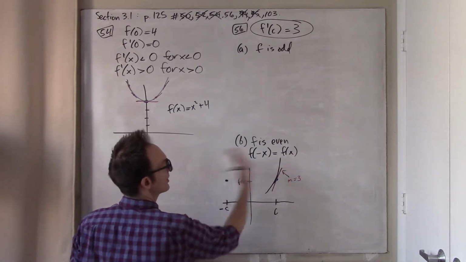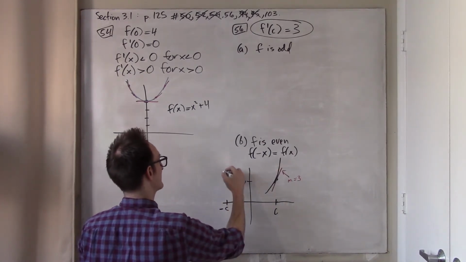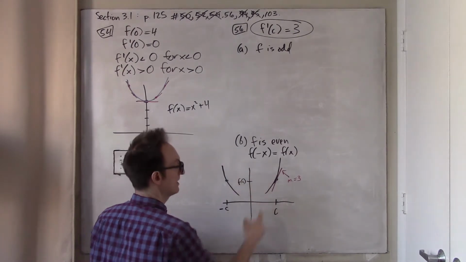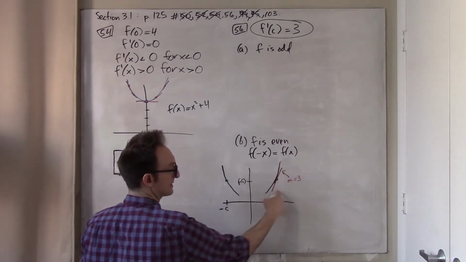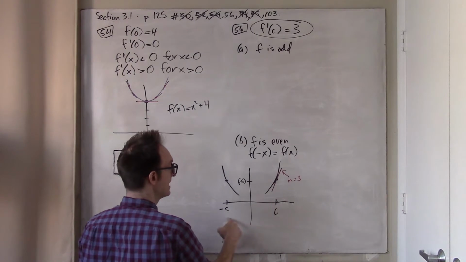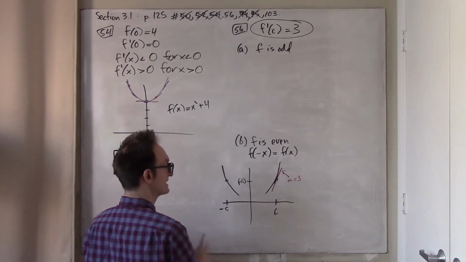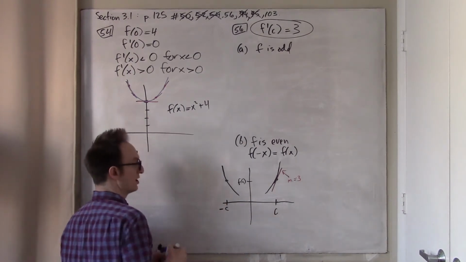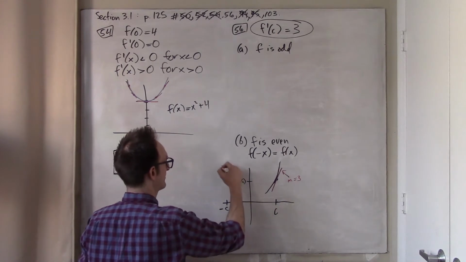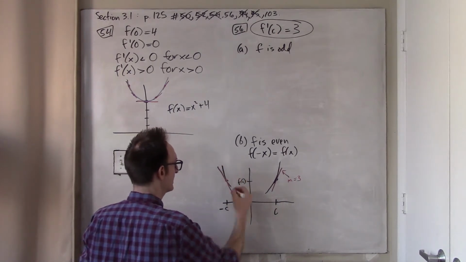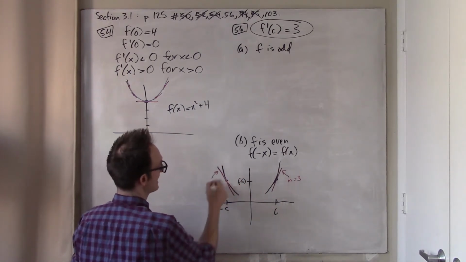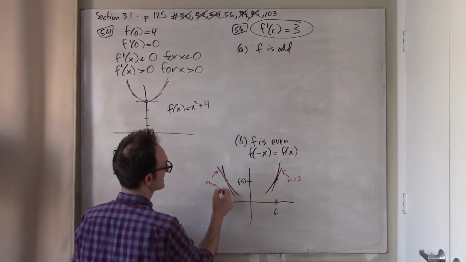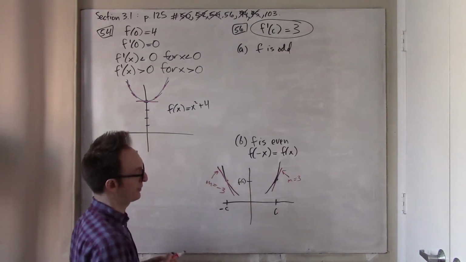But if the function is symmetric with respect to the y-axis, then if the function looks like this near x equals c, then near x equals negative c, it's going to look like this. So this is basically a common sense drawing exercise, but I think we all agree that this line has slope negative 3.